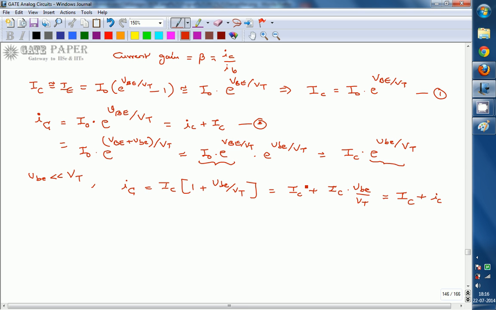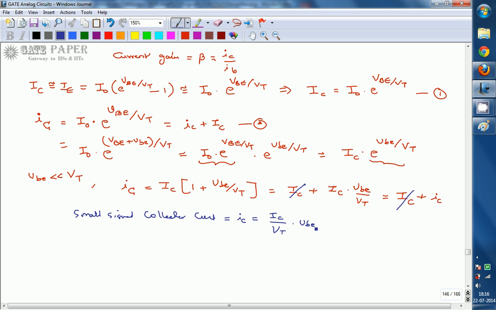Now if you compare, at that time IC and IC get cancelled, so the small signal collector current, small ic, is nothing but we can write it as IC divided by VT into VBE. This you can write, okay.